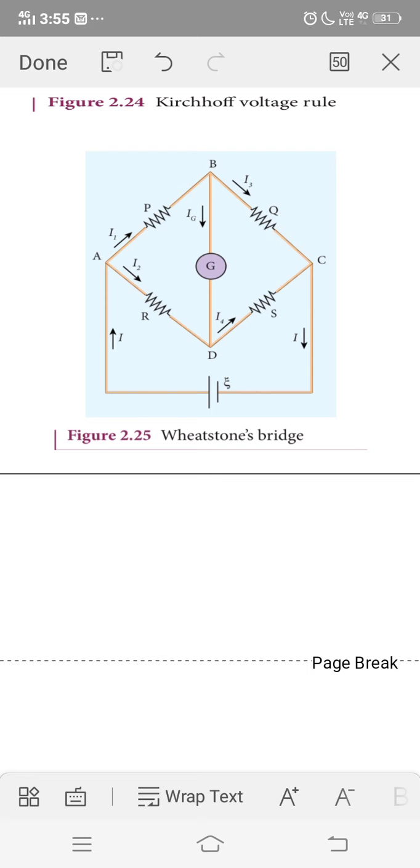According to the voltage law, the product of current and resistance is taken as positive when the direction of current follows the direction of the loop. When the direction of current is opposite to the direction of the loop, the product of current and resistance, that means IR, across the resistor is represented as negative.